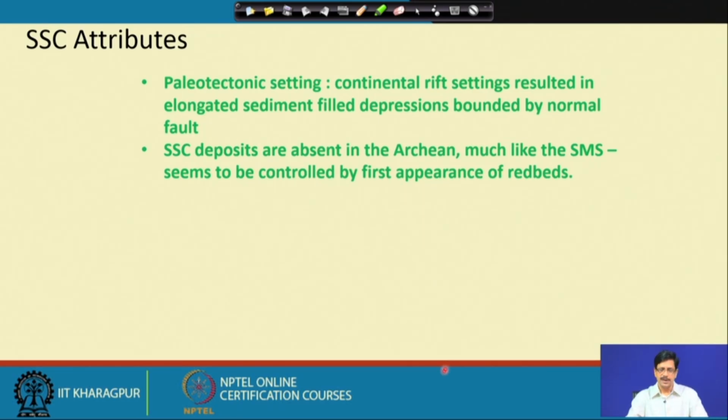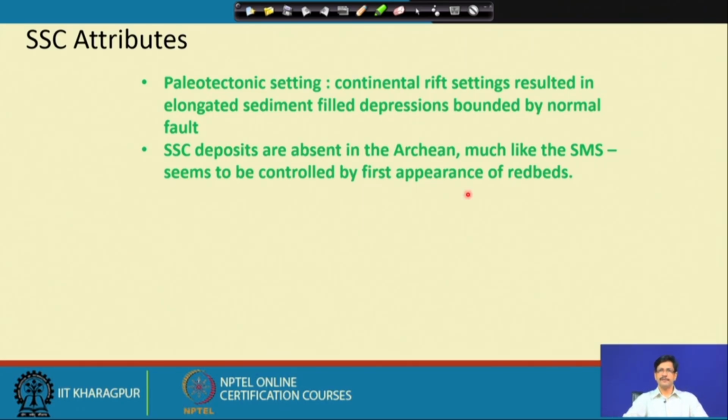And the paleotectonic setting, they are very much expected to be in continental rift settings that resulted in elongated, sediment-filled depressions bounded by normal faults. These SSC deposits are absent in the Archean, much like the SMS seems to be controlled by the first appearance of red beds.